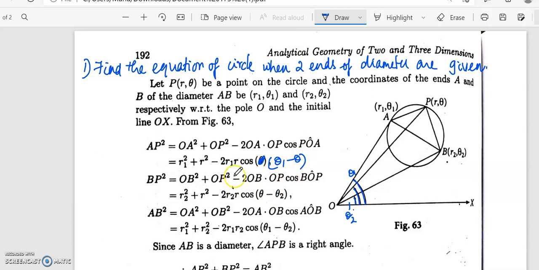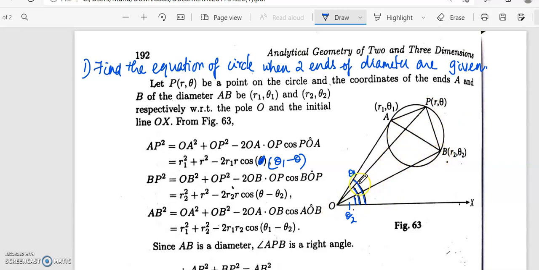Now let us take the second triangle, BPO. Here BP square, by the property of the triangle again, will be equal to OB square plus OP square minus 2 OB OP into the angle opposite to BP, which is angle BOP.